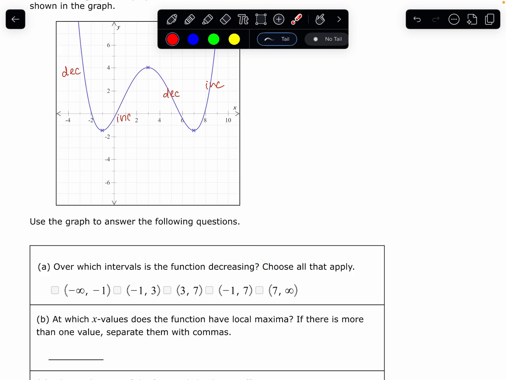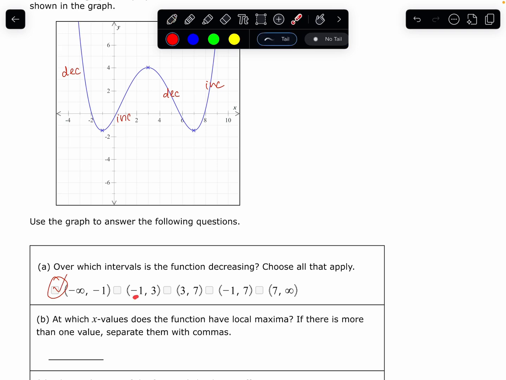So -infinity to -1. This is referring to the x-axis. If I look at the x-axis from -infinity all the way up until -1, are we decreasing? The answer is yes. Okay, so that's a yes.